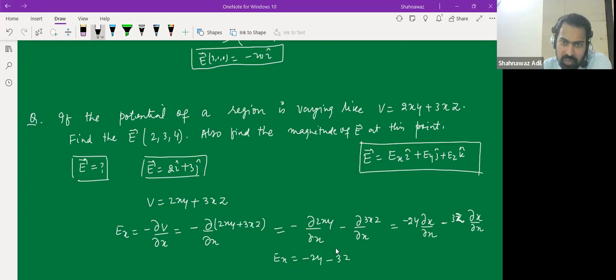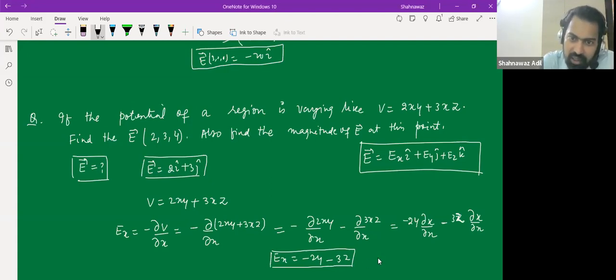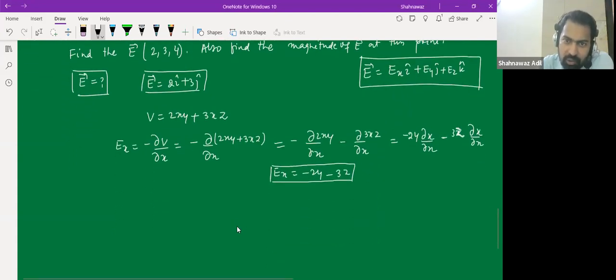Oh, you said 2y plus 3z. Okay, but the sign, so this is the x component. Then I also have the y component. So the y component would be minus dV by dy. So this would be minus of d by dy of 2xy plus 3xz, right?